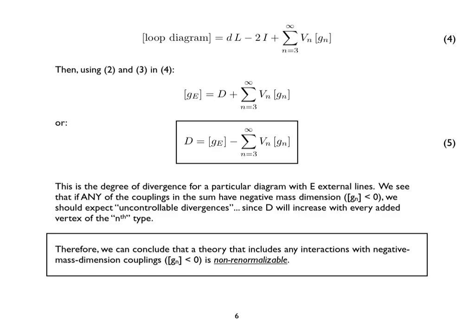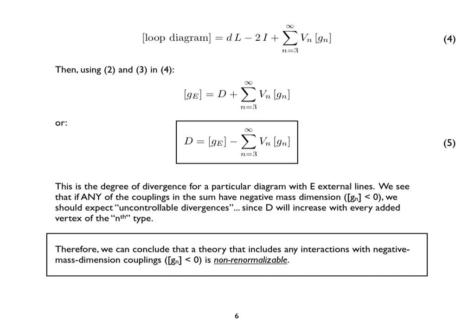So what if I said, okay, I've got this crazy theory, and I'm going to write down a phi to the 6th term with some coupling g? But I know that the mass dimension of the Lagrangian is 4.